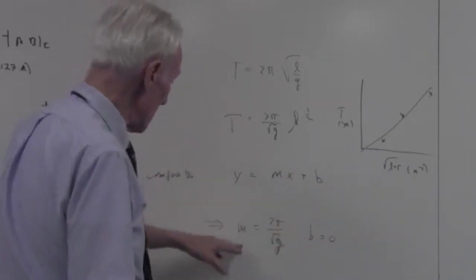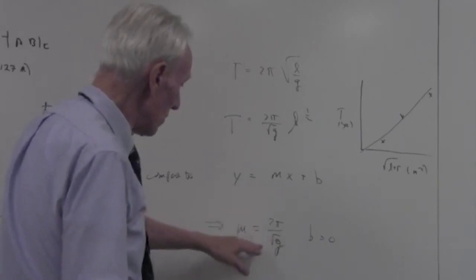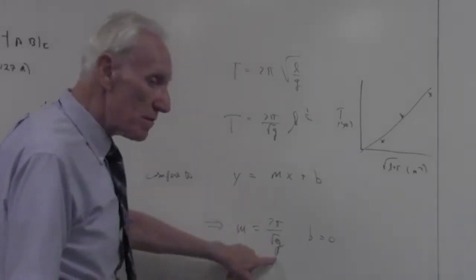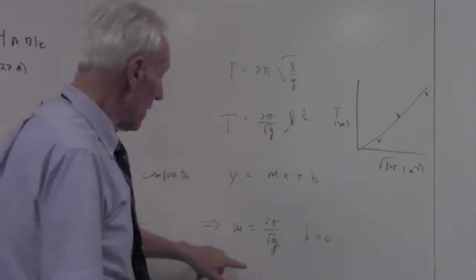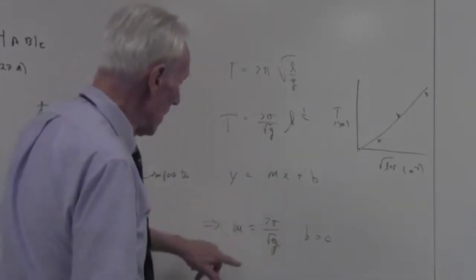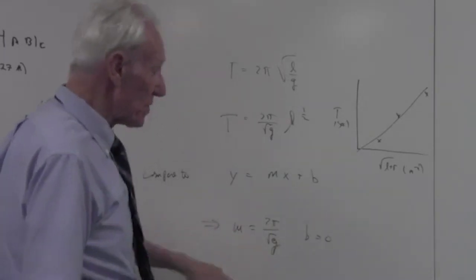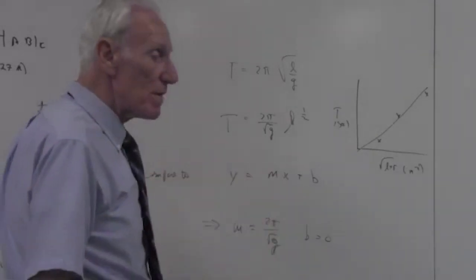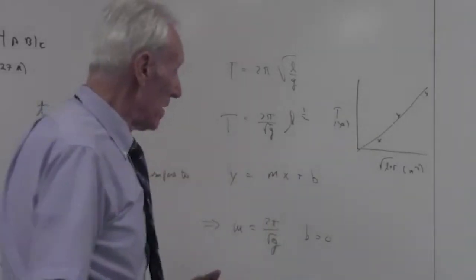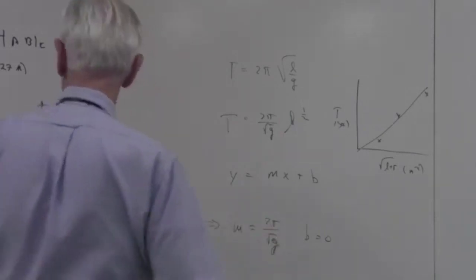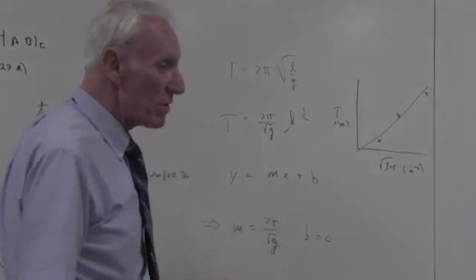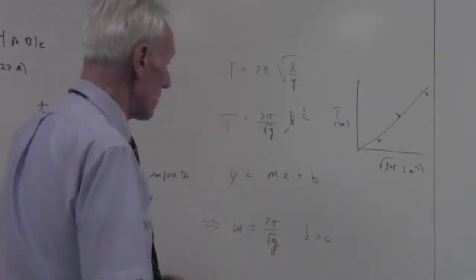So this says that the slope is 2 pi over the square root of g. Again, if g is in meters per second squared, you get one number, and if you left g in centimeters per second squared, and you take the square root of it, you're going to get a number that's 10 times different. So convert everything as soon as possible to kilograms and meters and seconds, and you'll be in good shape.